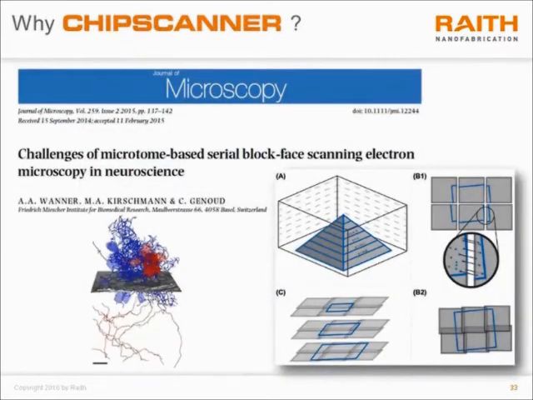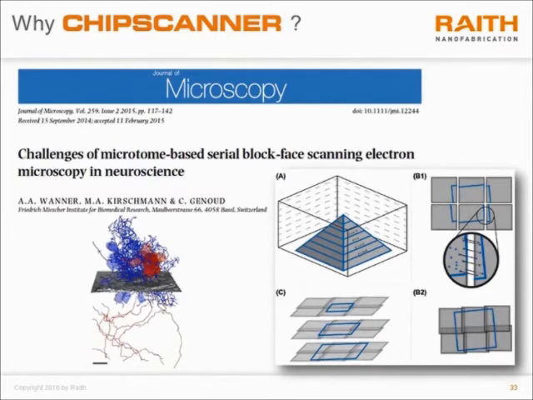So there are challenges with the electron microscopy, and these challenges are starting to become known in the neuroscience community, as illustrated by this 2015 paper.